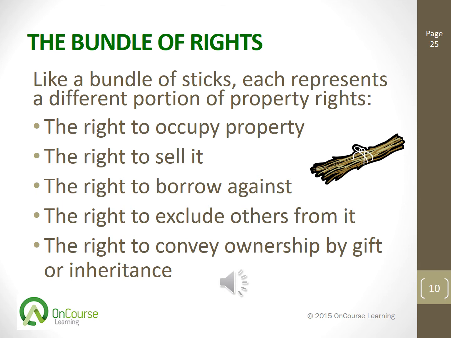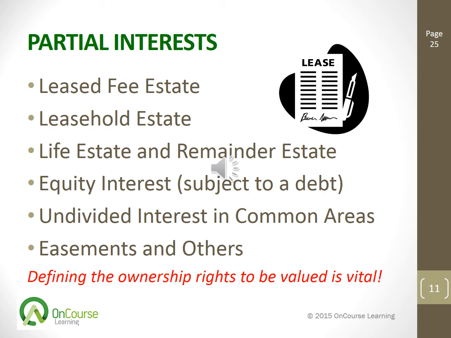Next slide, please. Well, let's talk about partial interest. The owner of the property may keep some, and he may sell or lease other interests to somebody else. And this comes about when the bundle of rights or the interest in the property are split. And there's two that are the most common, and it happens in residential real estate just as well as it does in commercial.